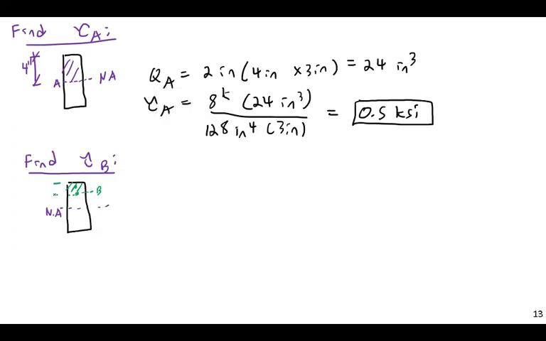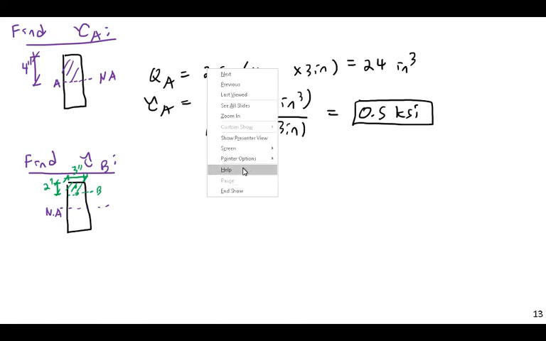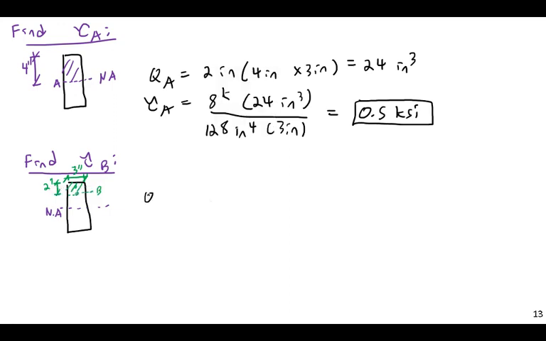So this is, again, 2 inches by 3 inches, which means our y bar, the distance from here to here, is actually going to be 3 inches. So I can just find QB relatively simply. QB is then 3 inches times 3 inches times 2 inches. The area of that piece is then 18 inches to the third.